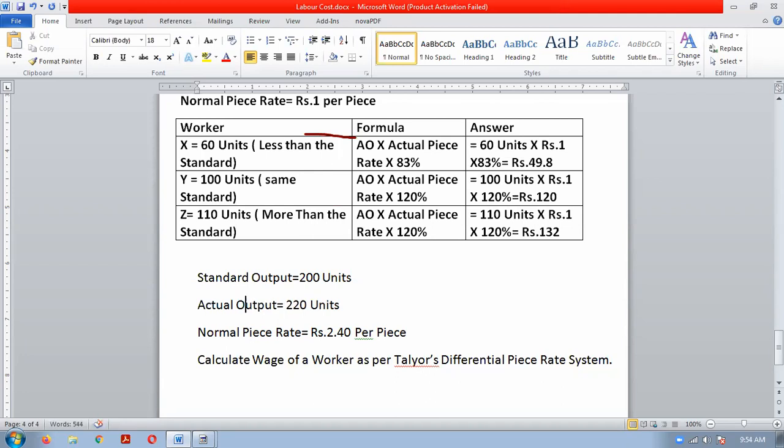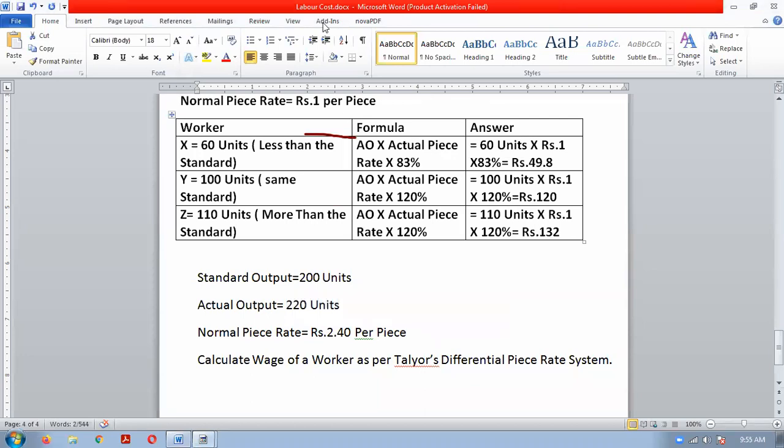Actual output is more. Very good, very correct.